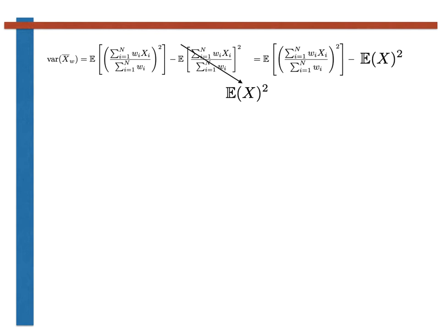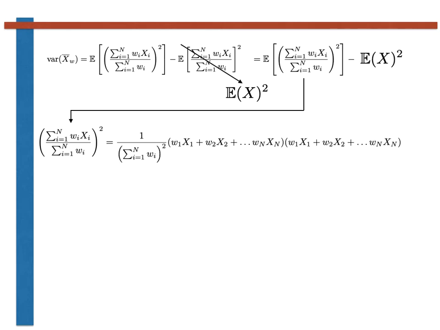Let's focus now on what we are taking the expectation of in this first term here. If we write out the square of the sum in the numerator explicitly, this perhaps makes things appear more straightforward.